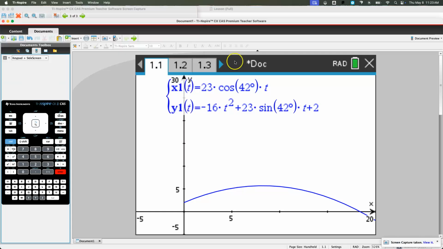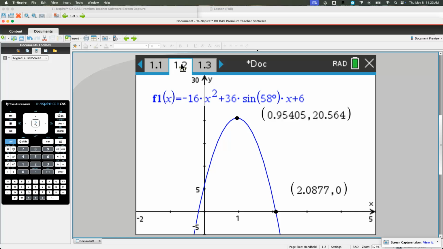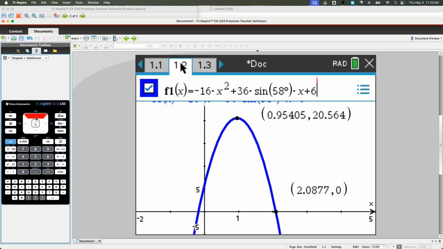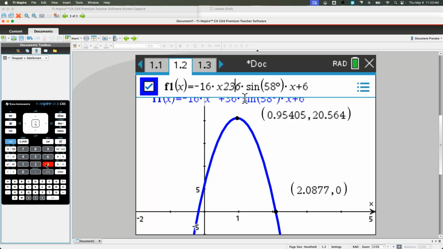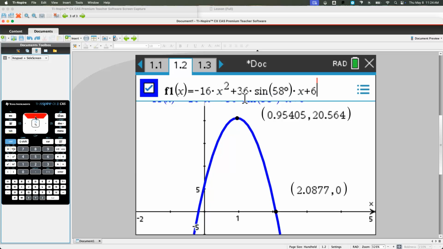Okay, so there's that one. Then we've got this one. This changes to 23. This changes to 42. This changes to 2.